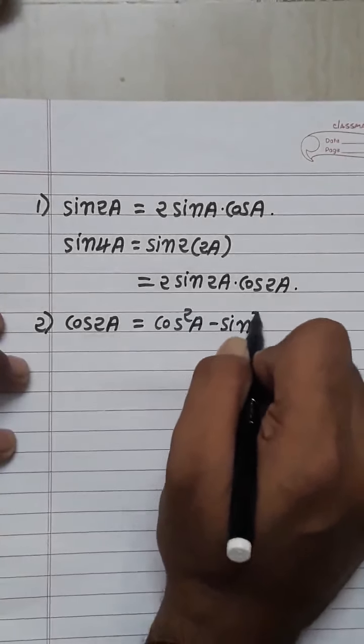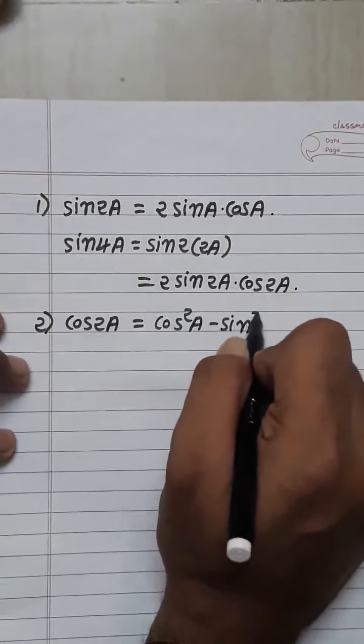Cos 2a is equal to, here given, cos square a minus sin square a. Now we know that sin square theta plus cos square theta is equal to 1. So in place of cos square theta we can write 1 minus sin square theta, right?